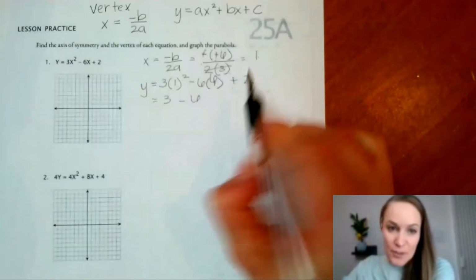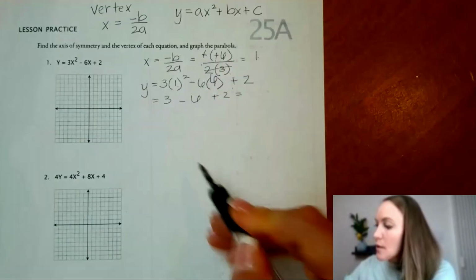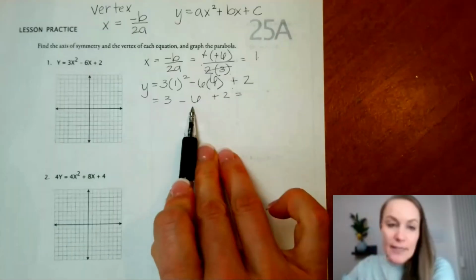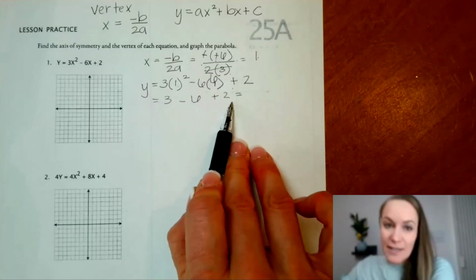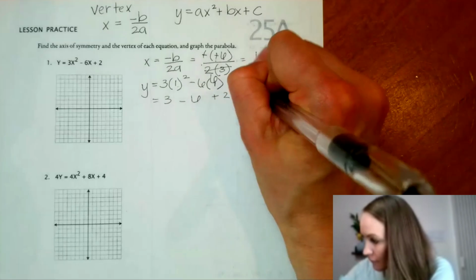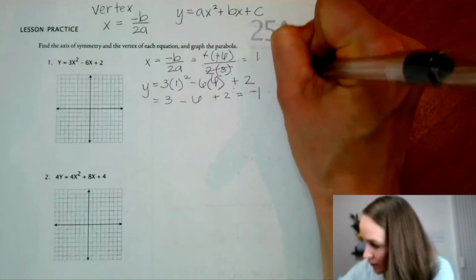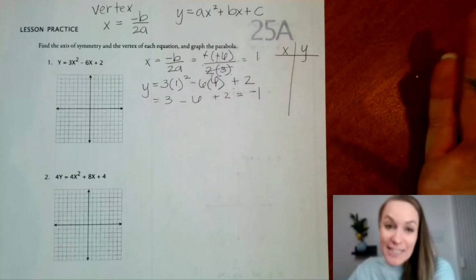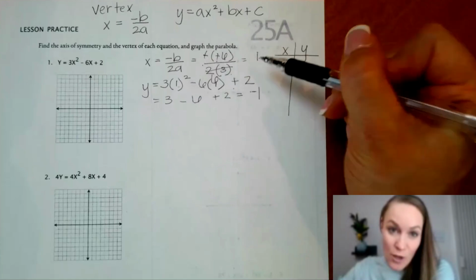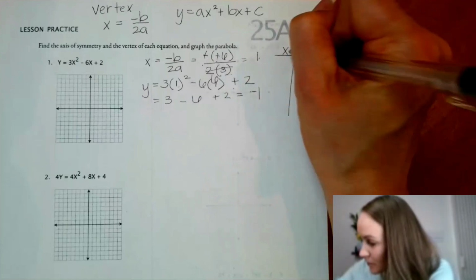And then we have plus 2. We have our 3 minus 6 is -3. -3 plus 2 is -1. So our vertex, we can start our X and Y chart here. Our vertex is not 0, 0 here. It's actually 1, comma, -1.